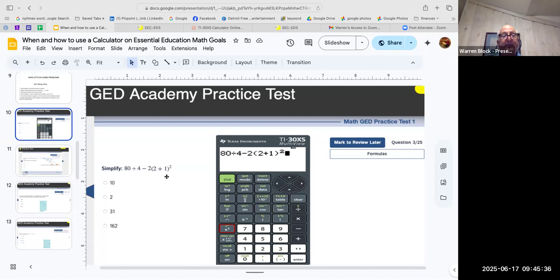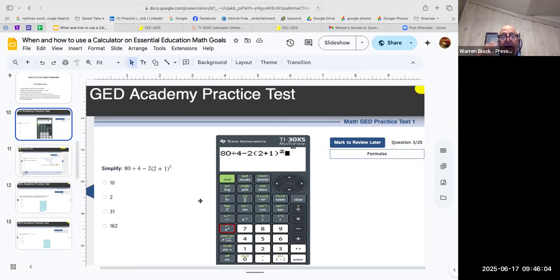So we're going to do the parentheses first, and get 3, and square it, get 9. Remember that, and then go left to right. So 80 divided by 4 is 20, minus 2 times 9, 18. So the answer should be 2.